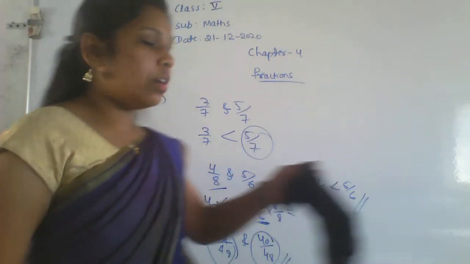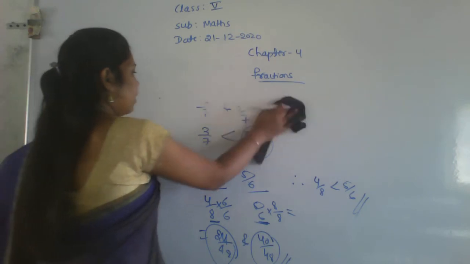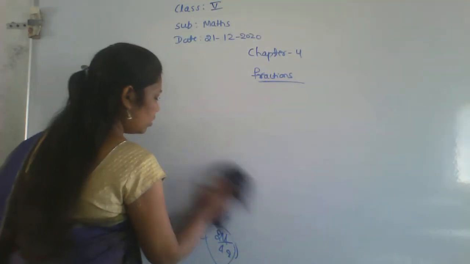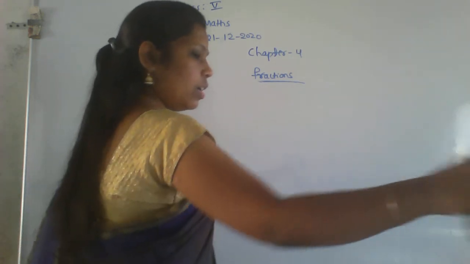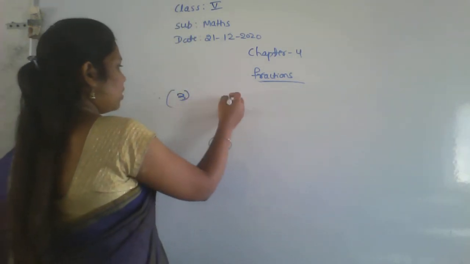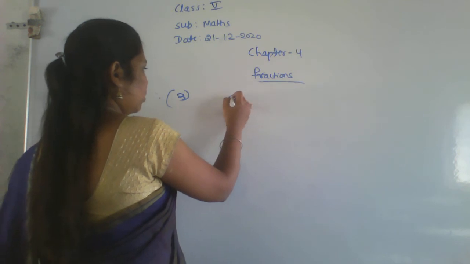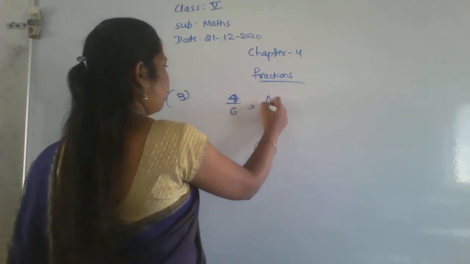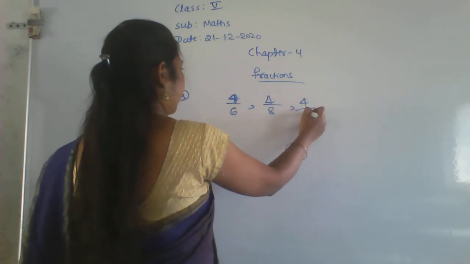if the numerators have the same values, then what do we have to do? See here, the third example is like this: 4 by 6, 4 by 8 and 4 by 9.